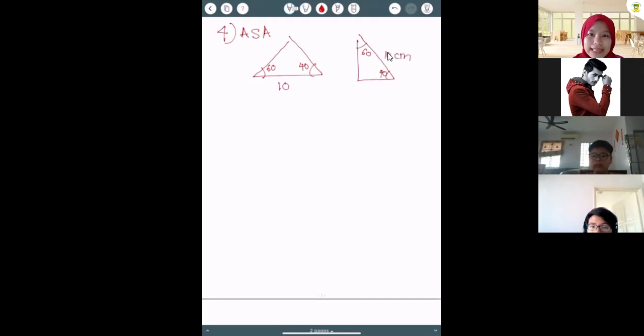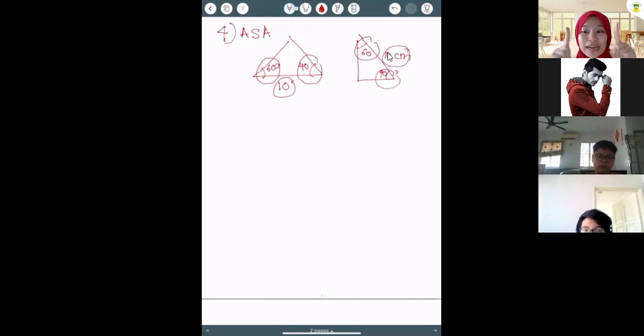So you can tell that these two triangles are congruent. You know why? Because they are angle, side, angle, the same as angle, side, angle in the other triangle. So if you have ASA, then you can tell that both triangles are congruent.